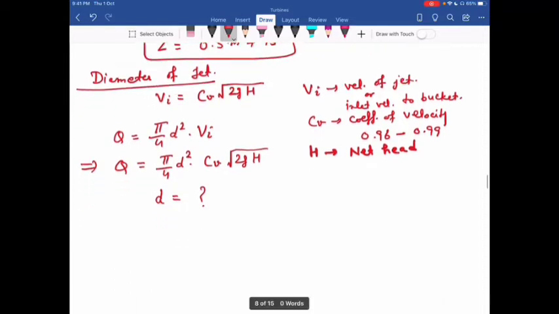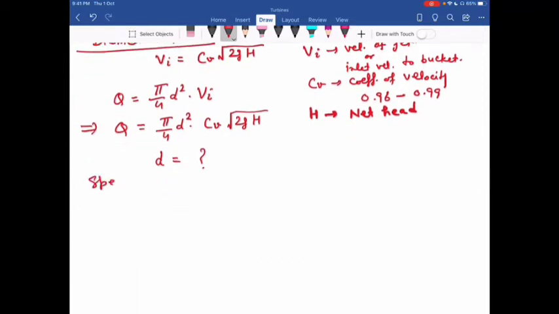The next is the formula for speed ratio. Now this speed ratio is denoted by Ku.